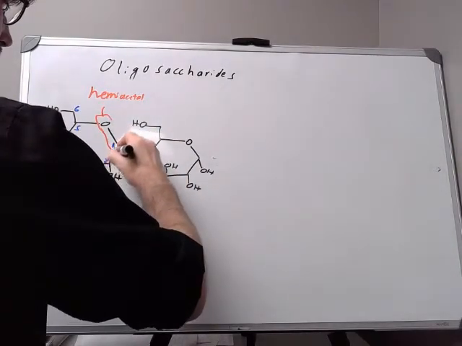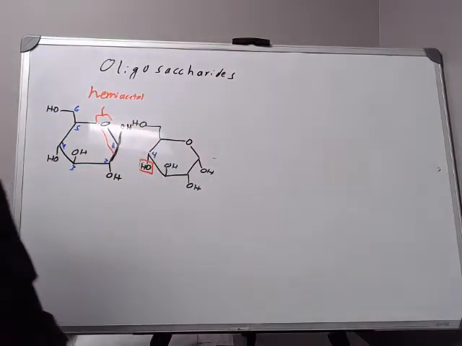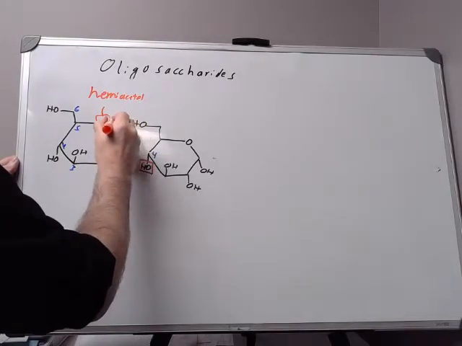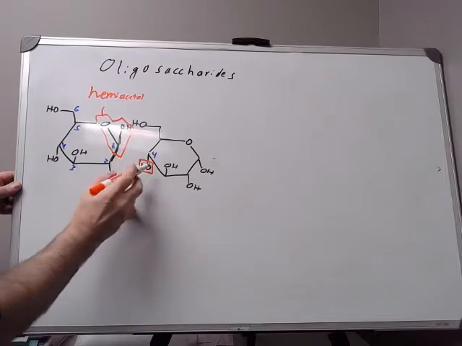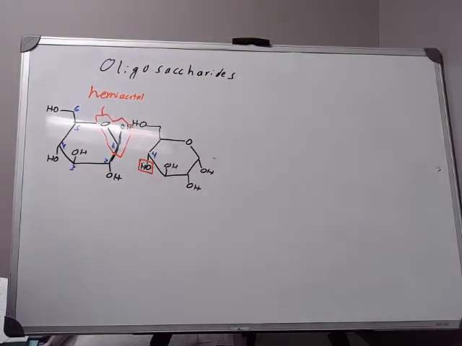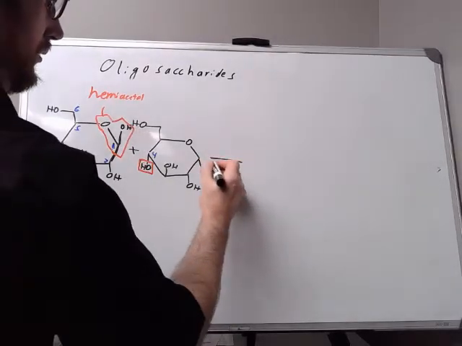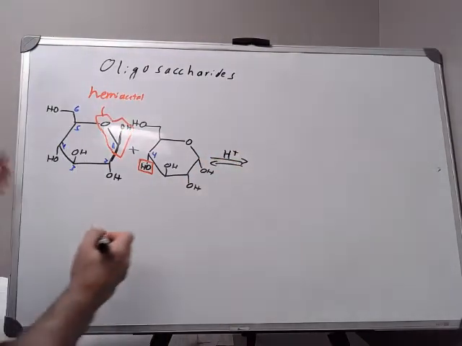So we'll replace our alpha with a beta. Our hemiacetal would look like this now. We'll still join it to this hydroxyl on carbon 4. Still requires acidic conditions.